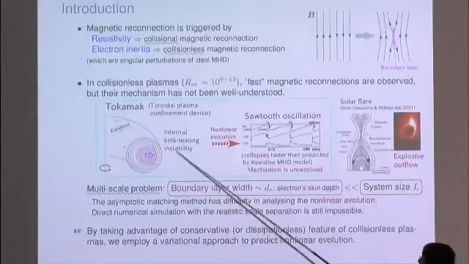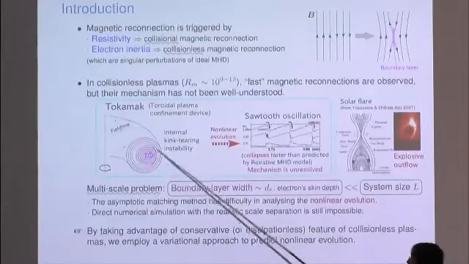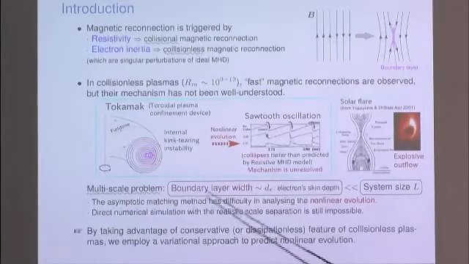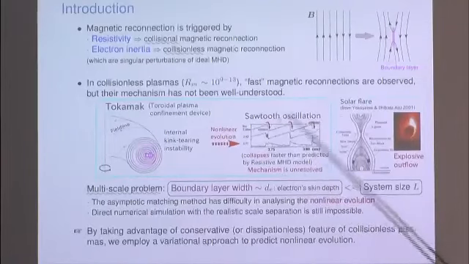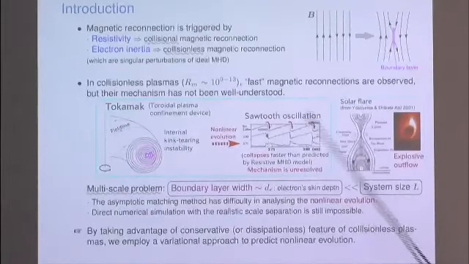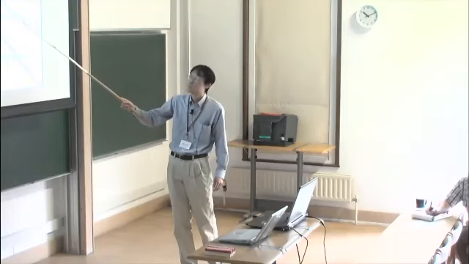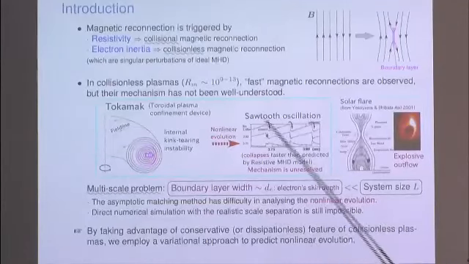Obviously, this is accompanied by magnetic reconnection at this boundary layer. It is believed that this linear instability evolves nonlinearly and causes this sawtooth oscillation. This is the experimental result. We observe very abrupt disruption in the core region like this.